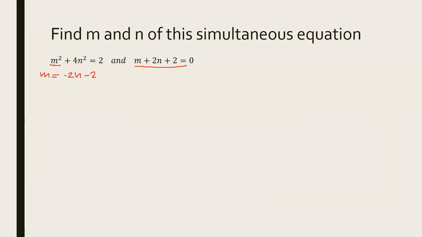So the equation is going to be negative 2n minus 2, squared, plus 4n squared equals 2.